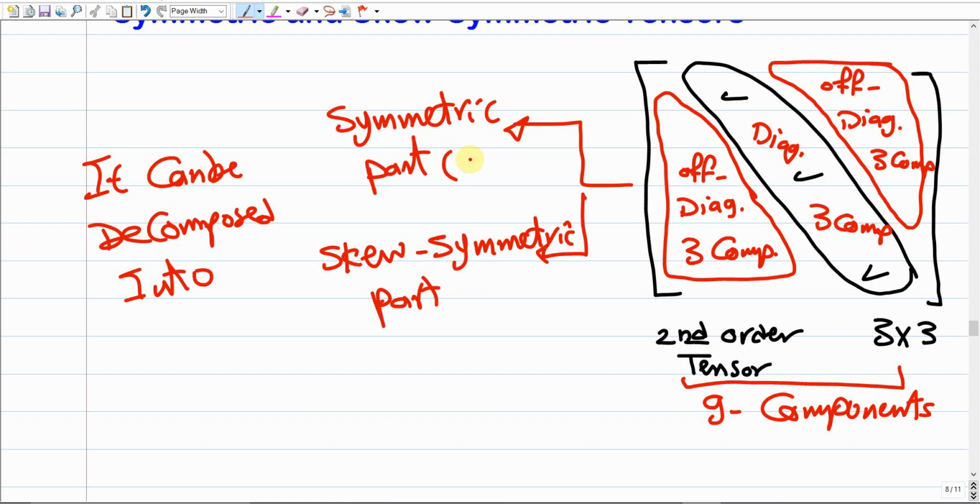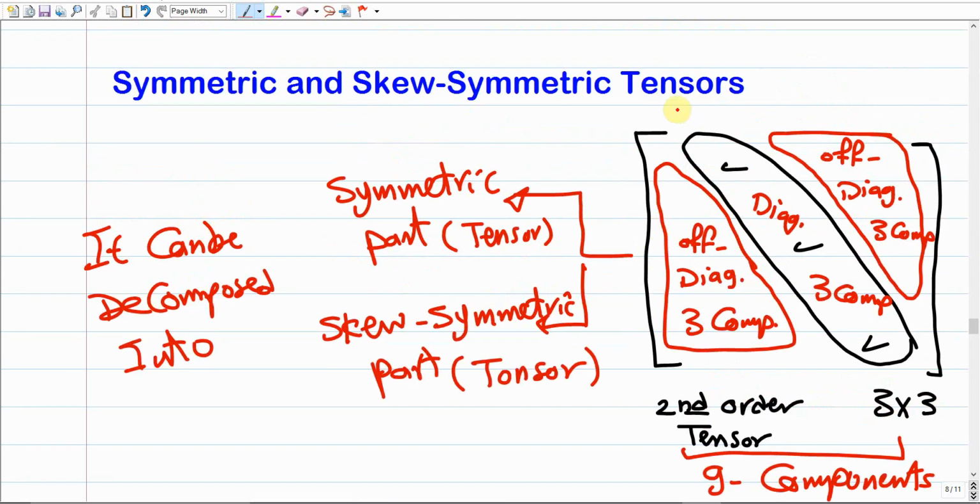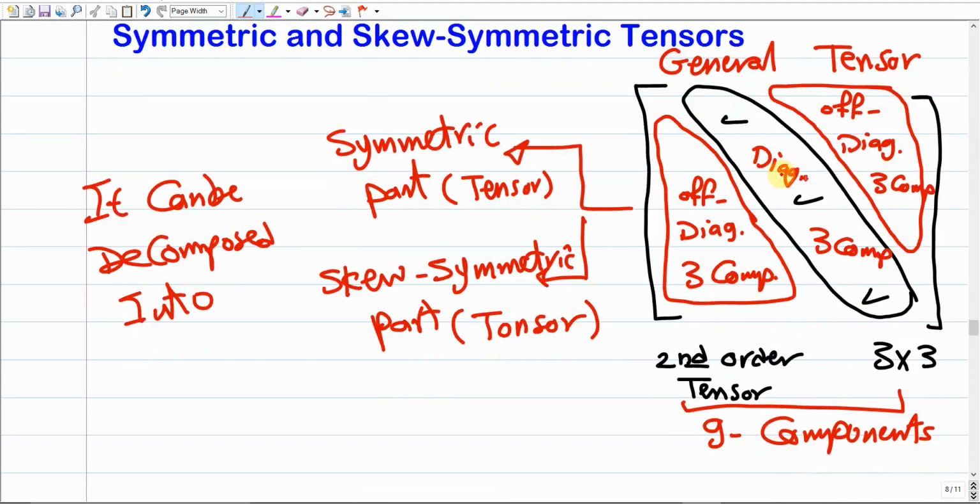The symmetric and the skew-symmetric parts are like 2 other tensors. This is known as the general tensor, the general tensor that has 9 independent components.